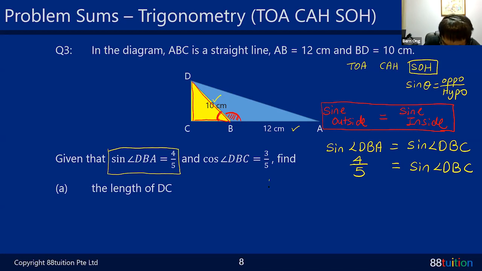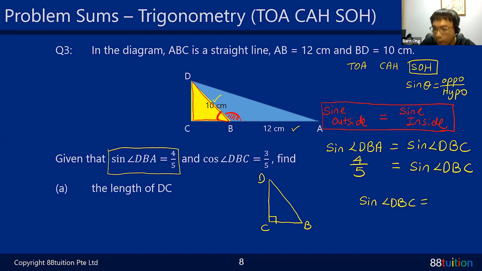Now I focus on this right angle triangle, this yellow triangle, your DBC. Sine angle DBC is supposed to be opposite over hypotenuse using the general formula.